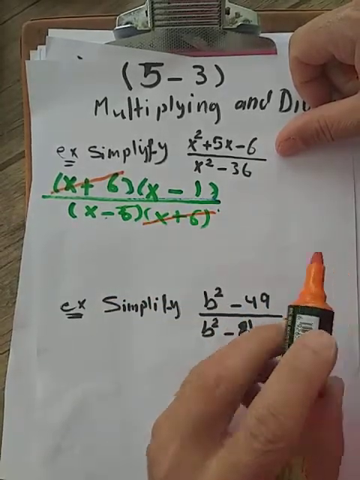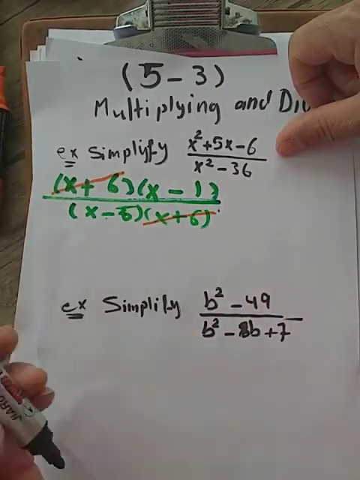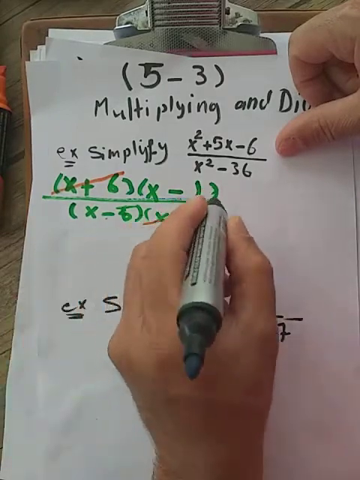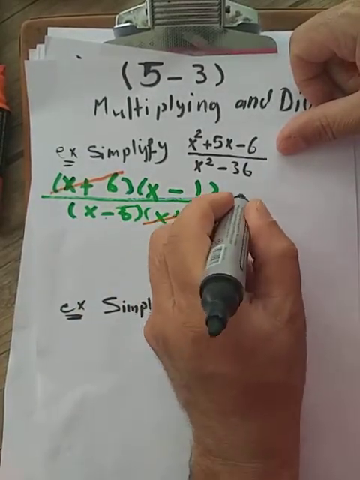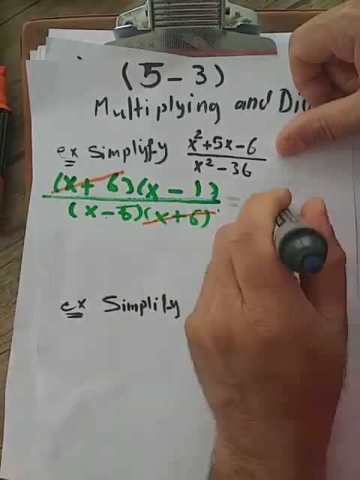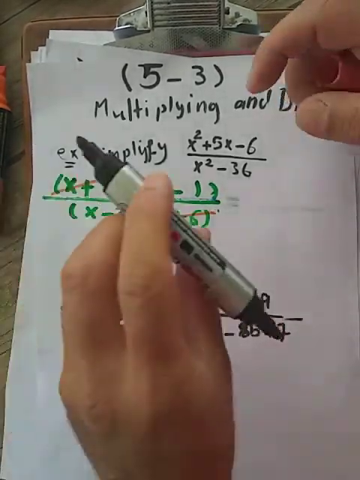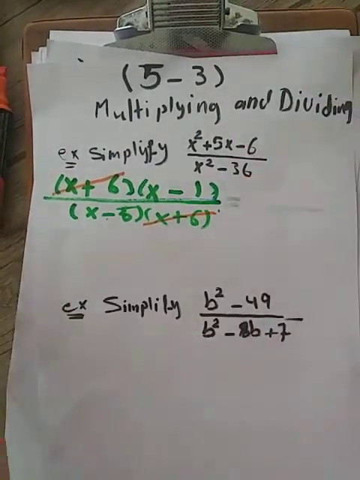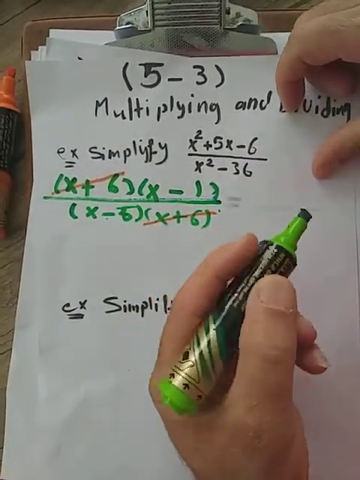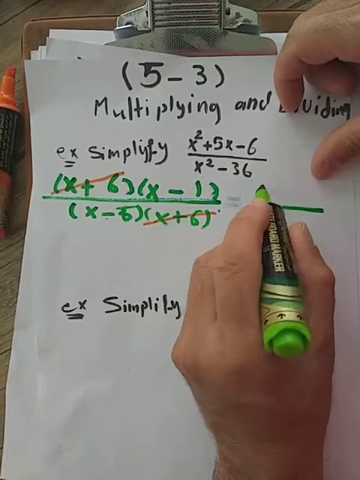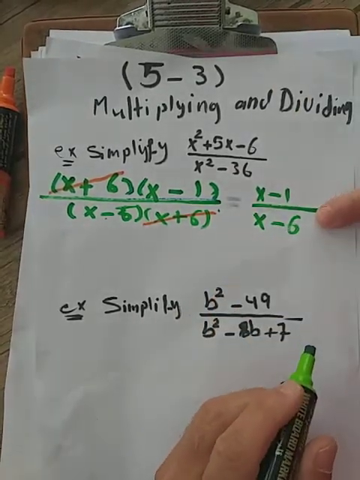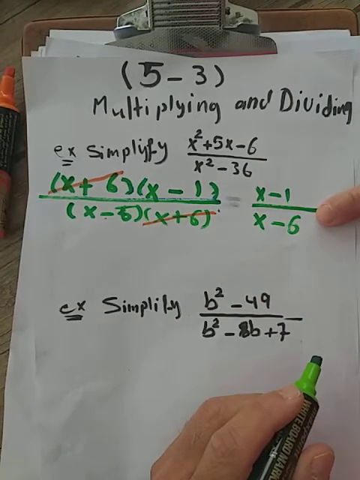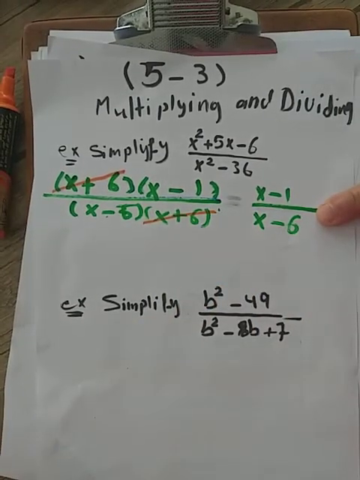We can delete these terms. What remainder do we have? x minus 1 over x minus 6. This is the simplest form.